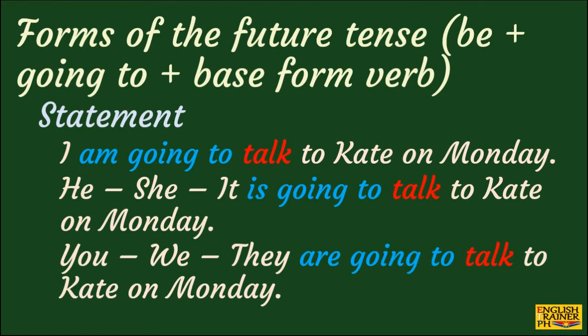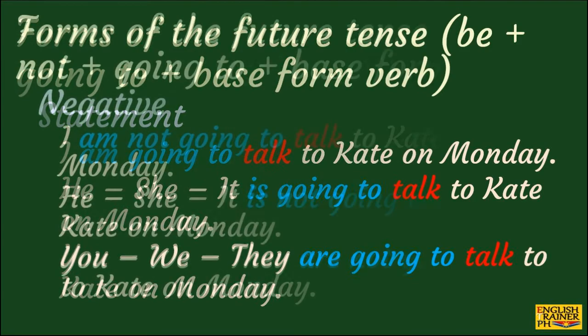Take note that we changed be into am because the subject is I. In the second example, he, she, and it becomes is going to talk. And for the plurals and you, we have you, we, they, are. Remember that you have to change the form of be to suit your subject. Add going to and then a base verb.